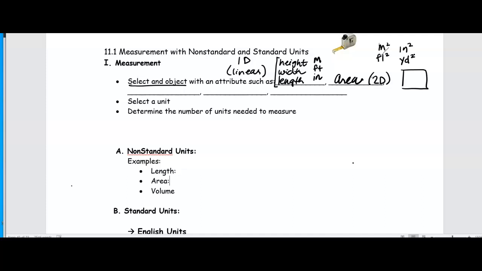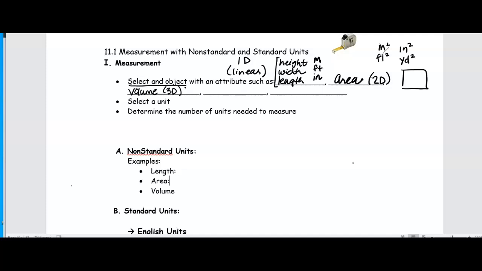Next, we did 1D, 2D, now we'll talk about 3 dimensions. If we're measuring a 3-dimensional attribute, we're talking about volume. I wouldn't measure the volume of my table, for example, because that wouldn't make sense. Volume talks about how much space something can hold, so it has to be an object that can actually be filled with something.